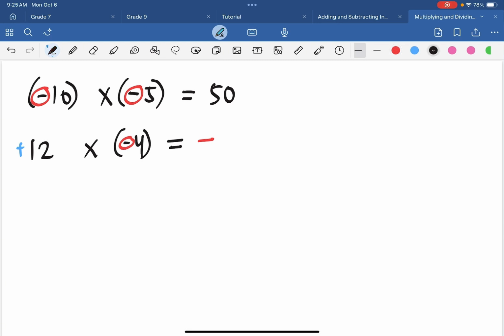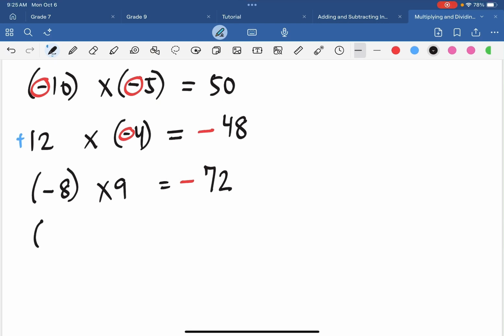So 12 times 4 is 48. Next, let's have negative 8 times 9. So similar to what we had in the second one, negative times a positive number is negative, and 8 times 9 is 72.